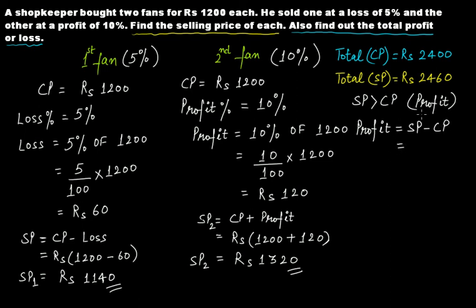That is rupees 2460 minus 2400, and you get rupees 60. This is the total profit that you make when you combine the selling of these two fans together. It doesn't matter, here you make a loss and here you make a profit, but finally you are actually making a profit of rupees 60 despite this loss.